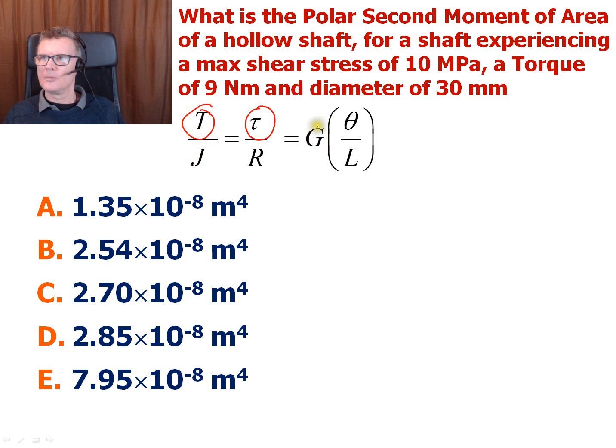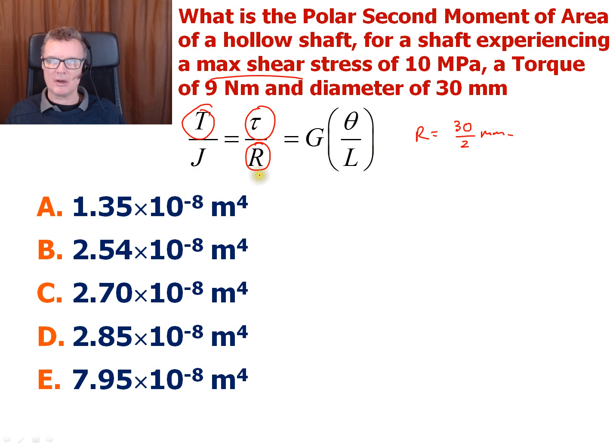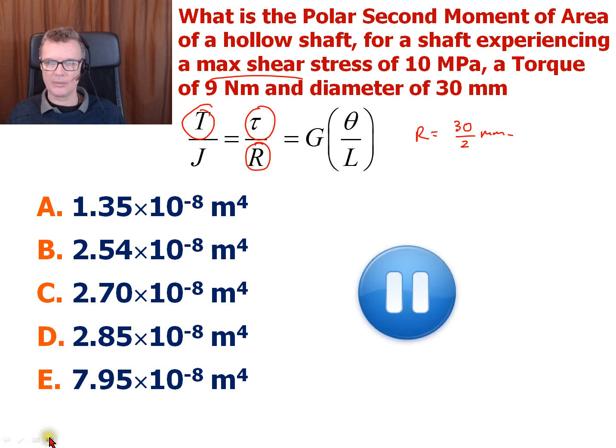So, well, we're looking for maximum shear, so we know that the R is going to be half of that. So we know what the R is. So we want to rearrange this term here to find what J is going to be. So have a go at that. When you think you've got an answer, press play.